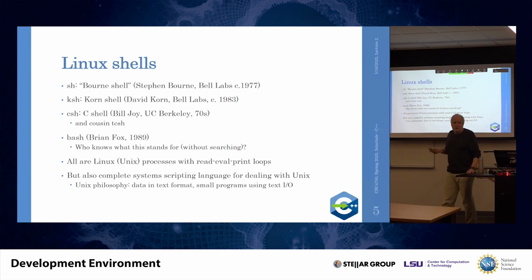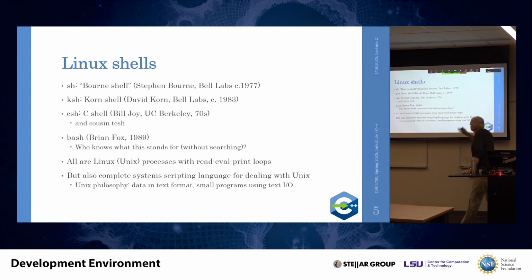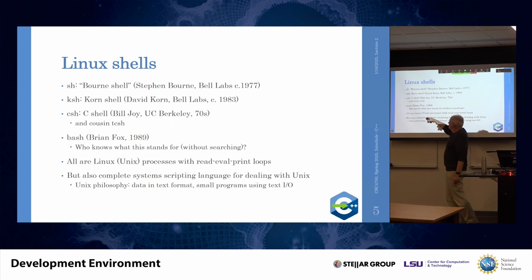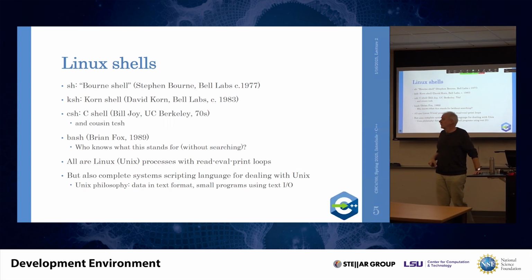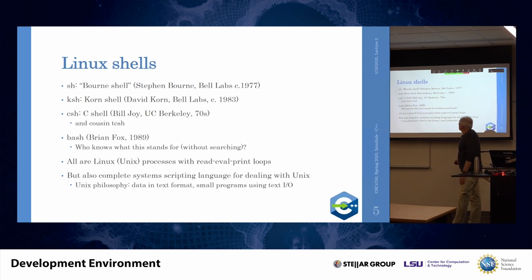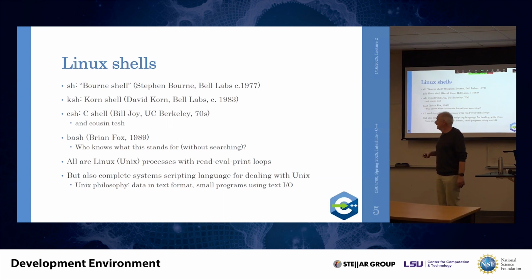The main command line in Linux is based on shells, and there is a history of shells: Bourne shell, Korn shell, C shell. The predefined shell in the Docker image will be bash. By the way, anybody knows what bash stands for? It's the Bourne Again Shell.